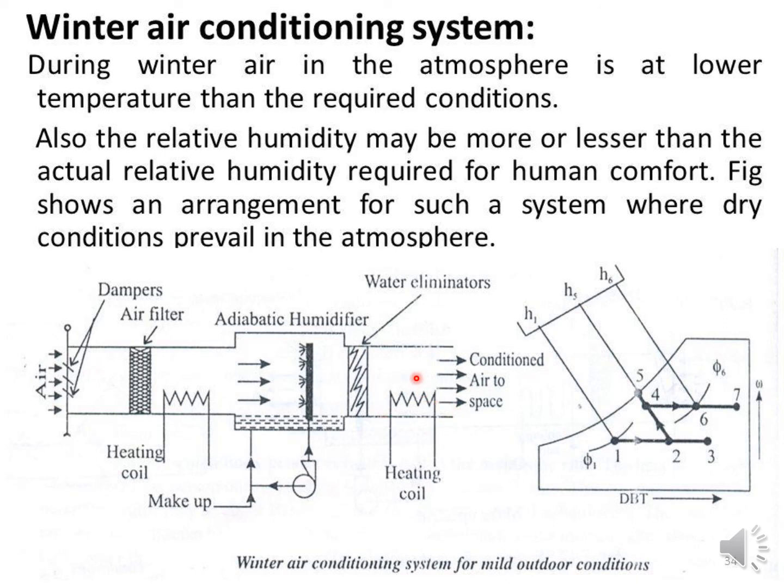If it is too cold, again I need to heat based on the requirement. These all things are going to work automatically. Suppose I set 21 degrees, the air coming out of this water eliminator may be 19 degrees, but I require 21, so 2 degrees increased here. So these are all automatically set conditions, and they will work according to that.